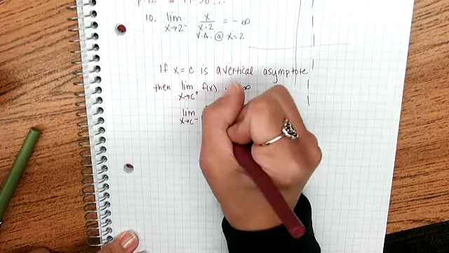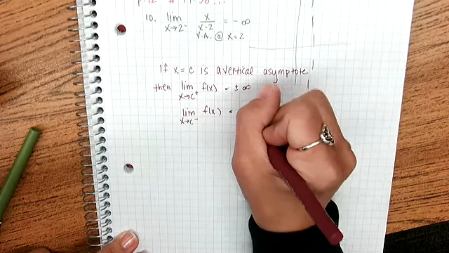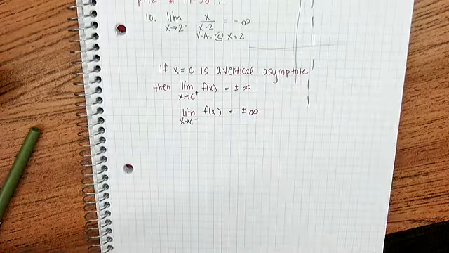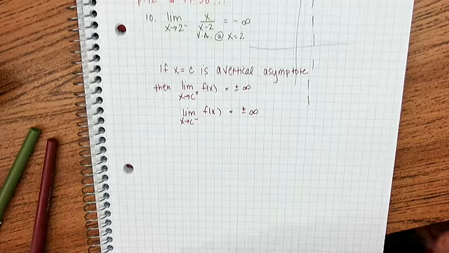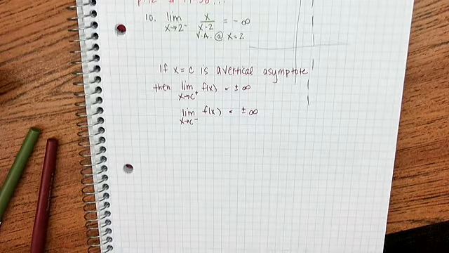As you approach from the left or the right, either way, it has to be either positive or negative infinity. That's it for today.